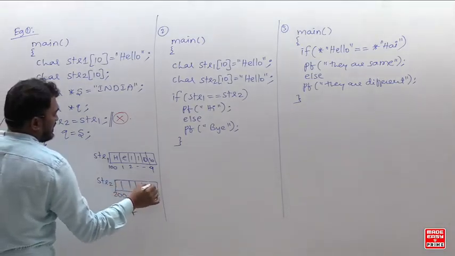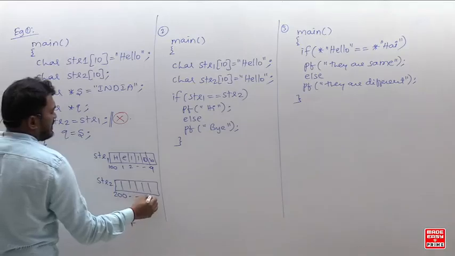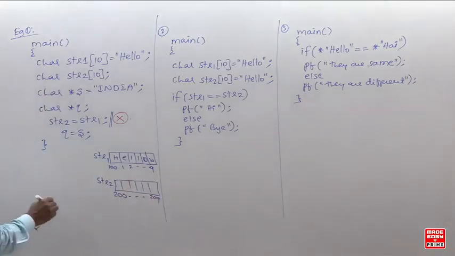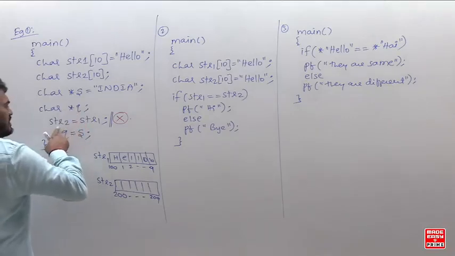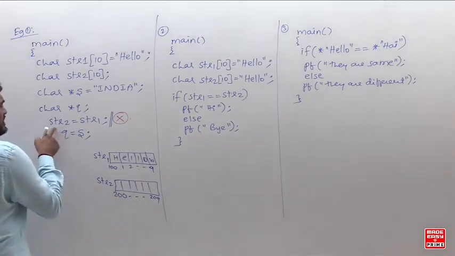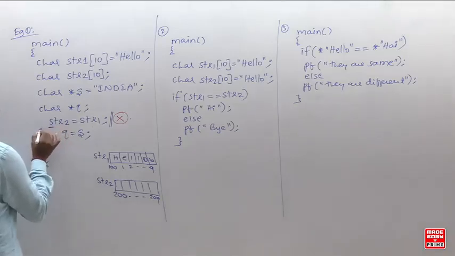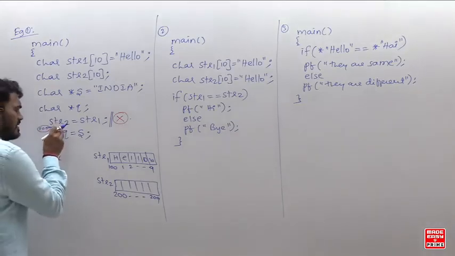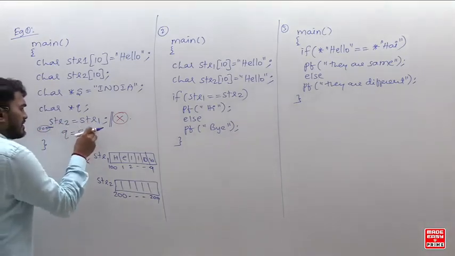If it is not initialized, by default it contains a garbage value. Now if I do str2 = str1, str2 means what? This is the constant base address. What is the constant base address here? 200. And you are trying to modify the constant base address with the address of string 1. Address of string 1 is 100.